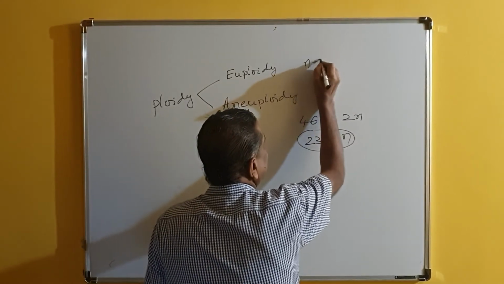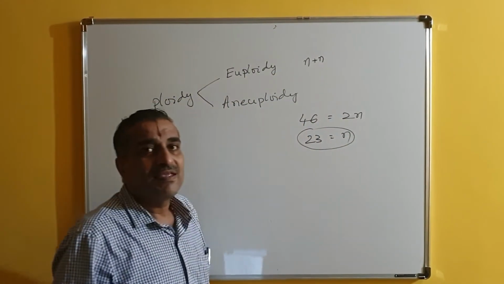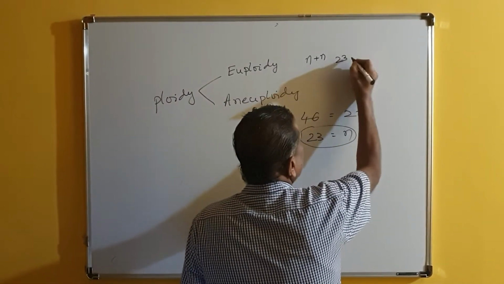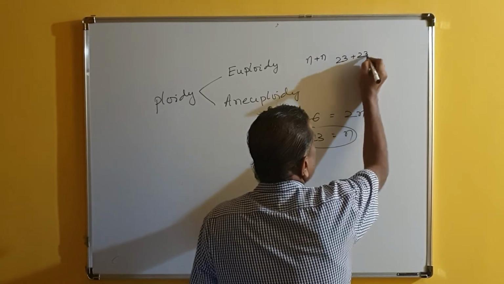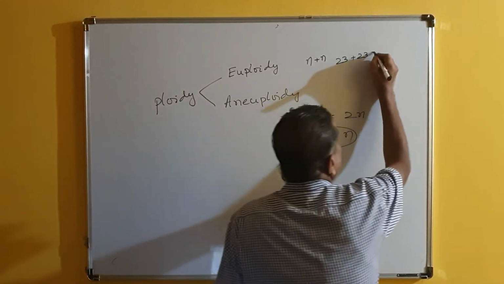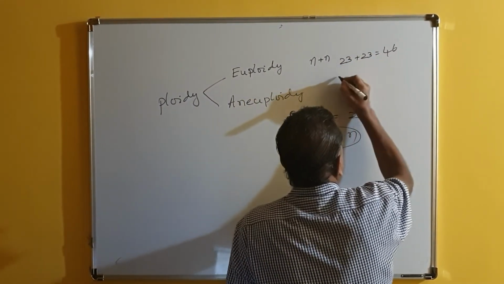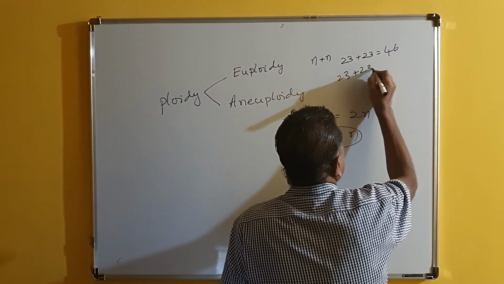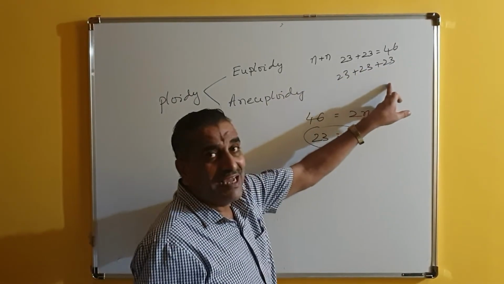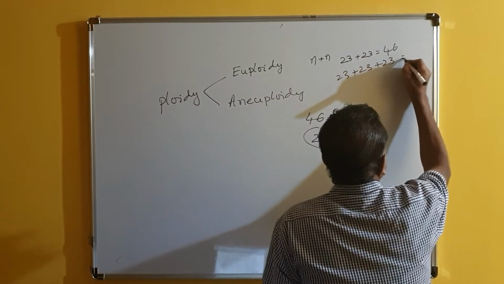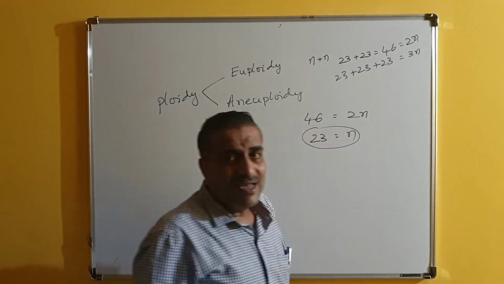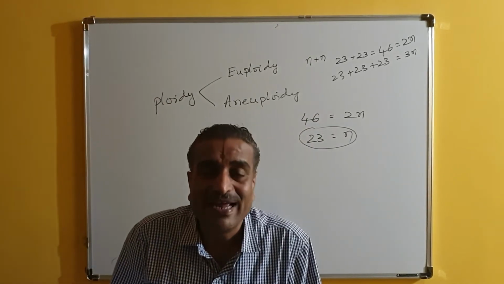If another n is added totally, for example 23 are there, and another 23 chromosomes are added, this becomes 46. If 23 plus 23 plus 23 are there, three ploidy are united, so this is called 3n. This is called 2n. That is called euploidy.